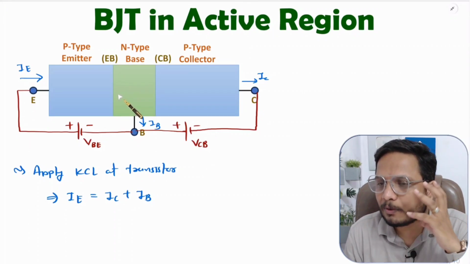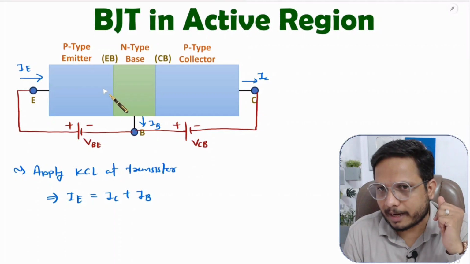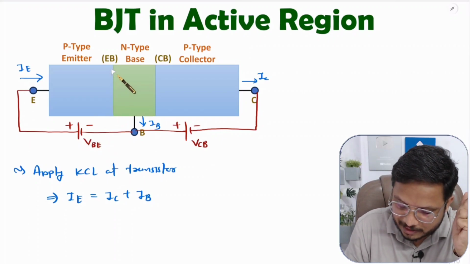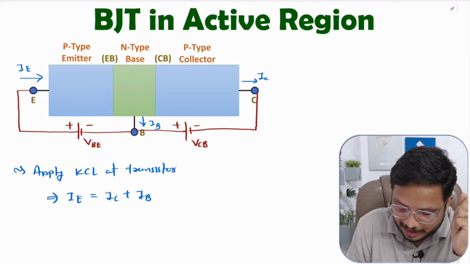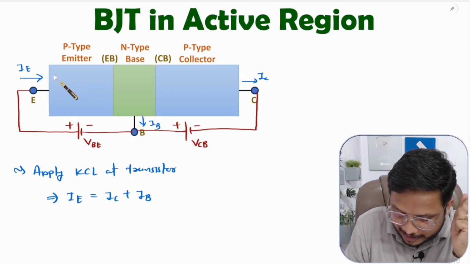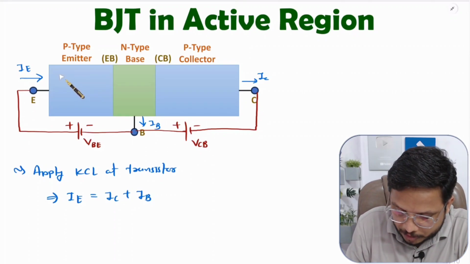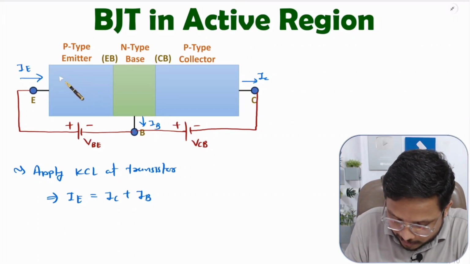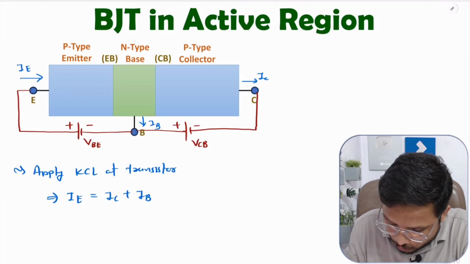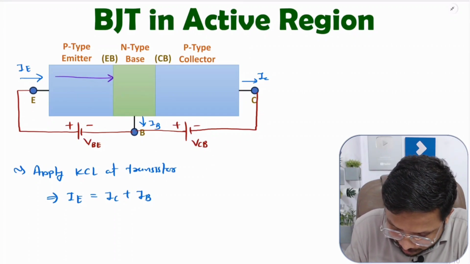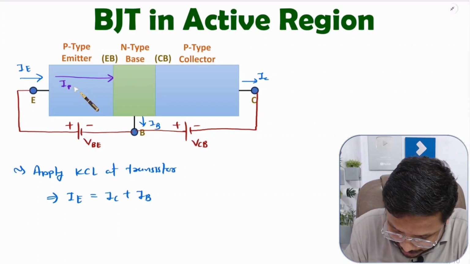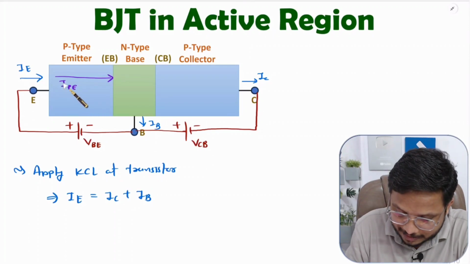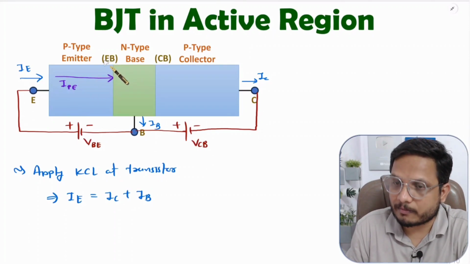Current will flow due to holes here. The biasing VBE, given at the emitter base junction, injects current inside the emitter. Holes are the majority carriers, so the current due to holes at the emitter is IPE. P means holes, E means emitter, so IPE is the current coming at the emitter base junction.